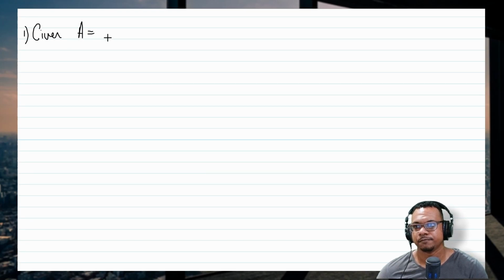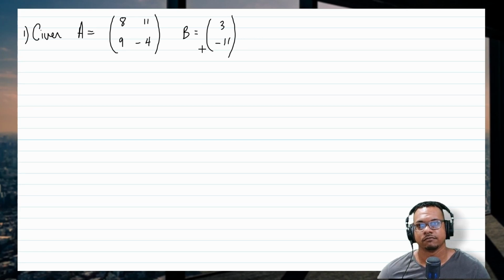Given A: 8, 9, 11, negative 4; B: 3, negative 11; C: 7, 0, 1, negative 1, 4, negative 7.